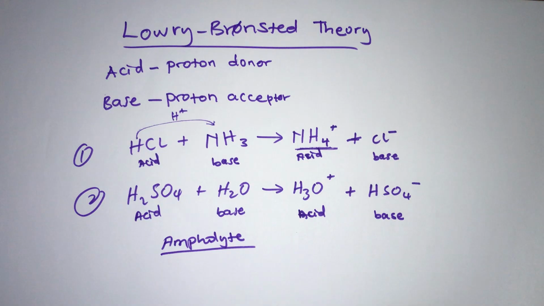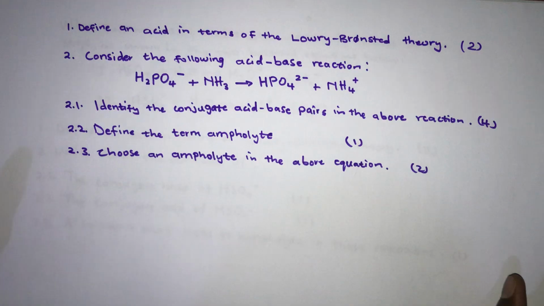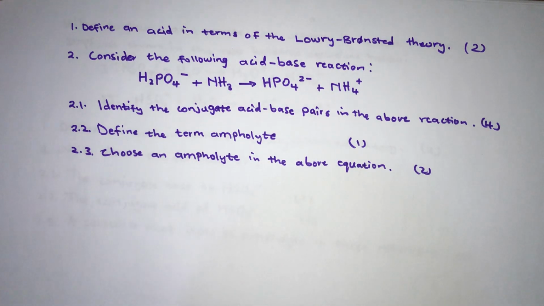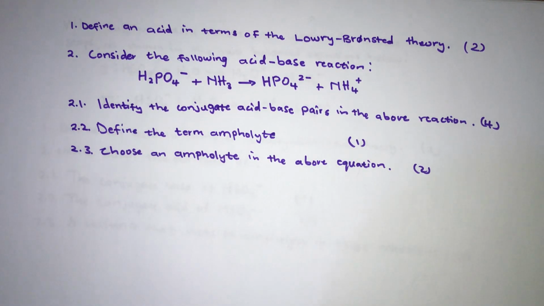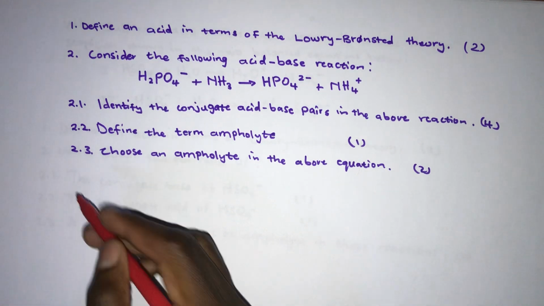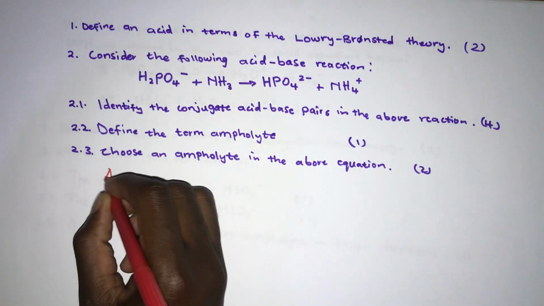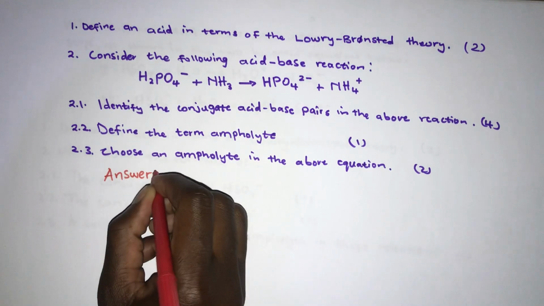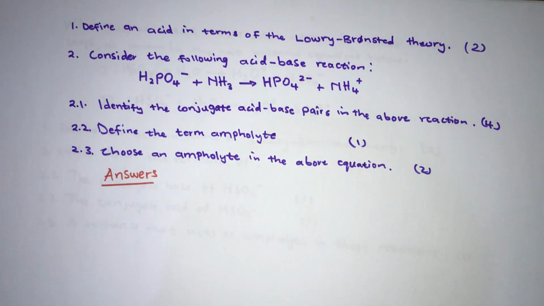So let's say now we have the questions. Now let's check the first question. They said define an acid in terms of Lowry-Brønsted theory. So I'm just going to write here the answers.